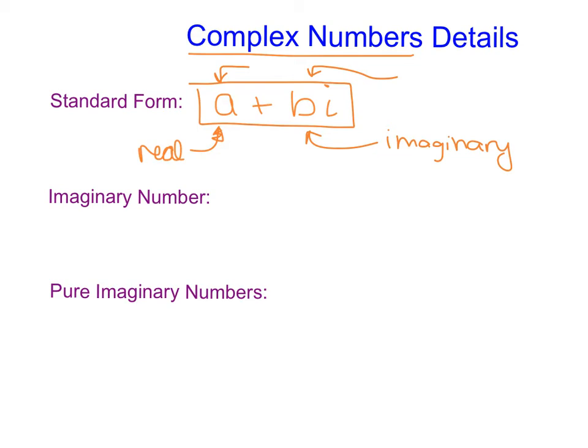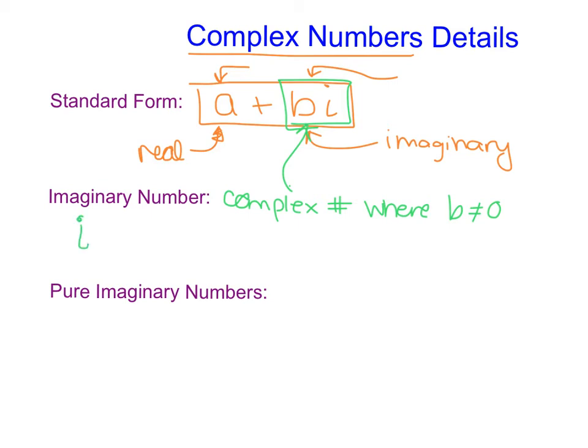Now, an imaginary number is a complex number where b does not equal 0. So what this means is it's guaranteed to have this b times i part. So the imaginary number has to have the imaginary i in it.